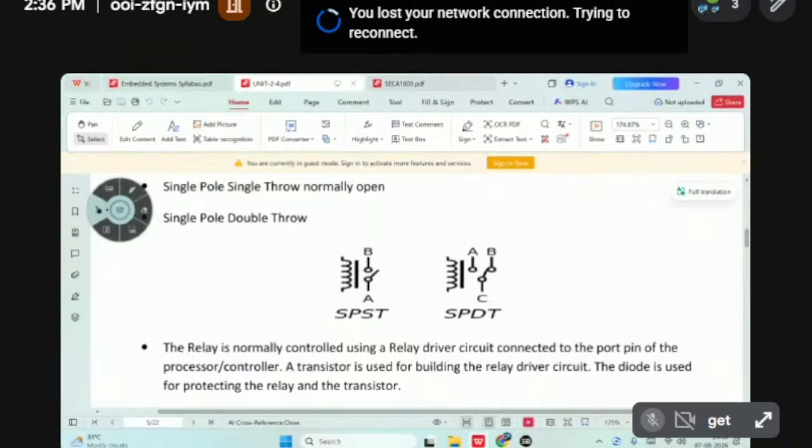Sorry. The diode is used for protecting the relay and transistor. The diode is used to protect the transistor and relay.